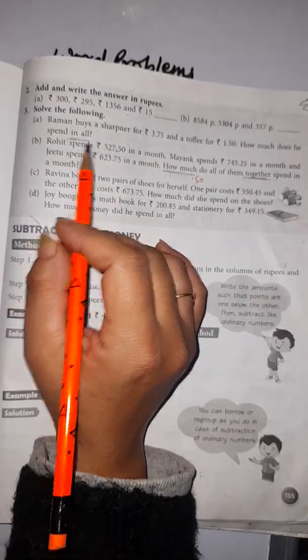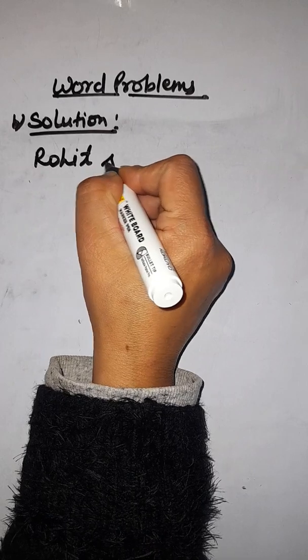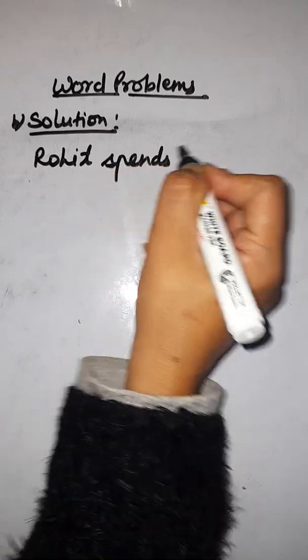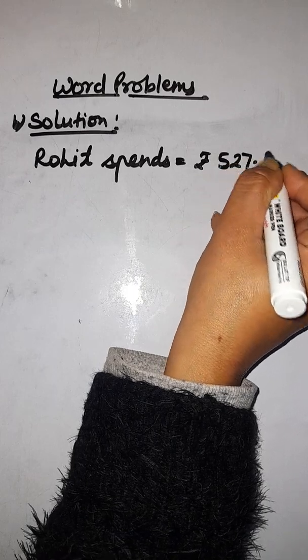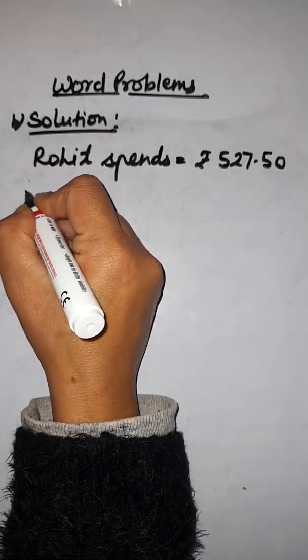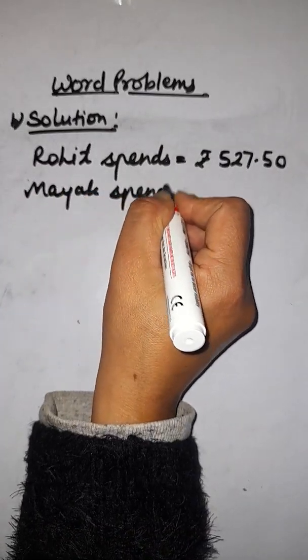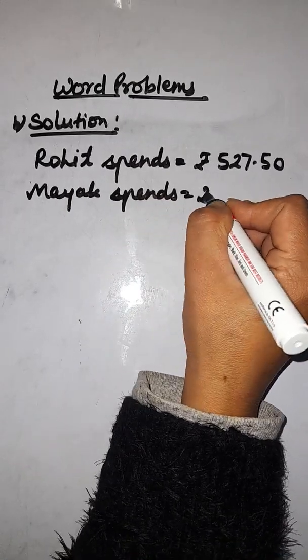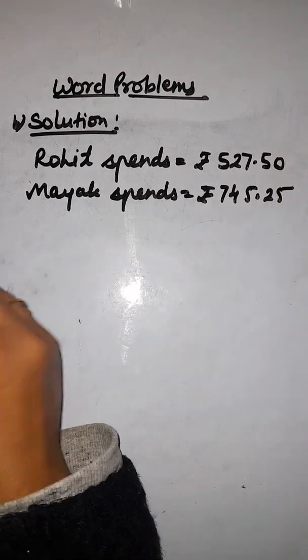Solution, part B. With the statement we'll write, Rohit spends rupees 527 and 50 paise. Next, Mayank spends rupees 745 and 25 paise.